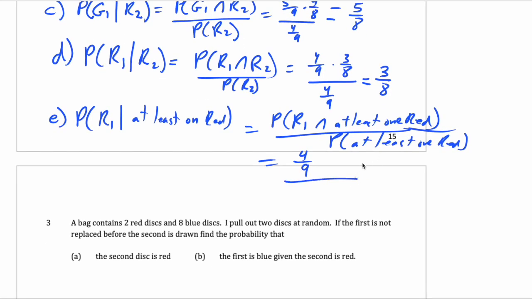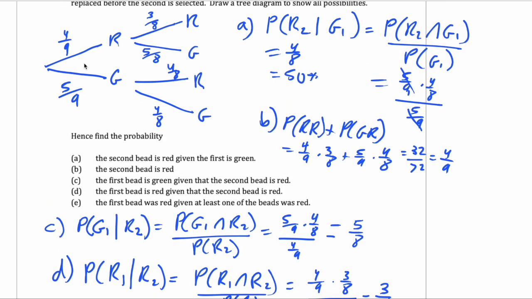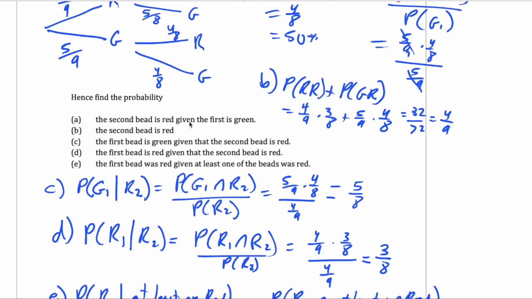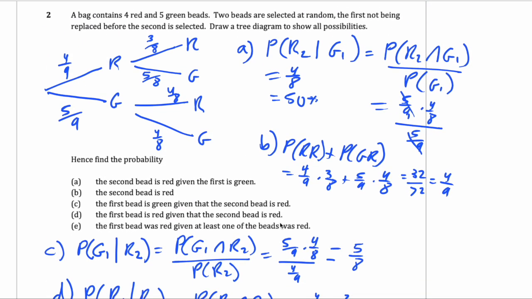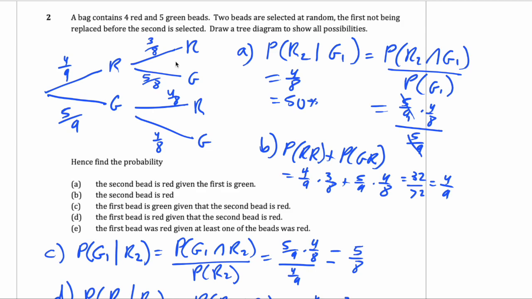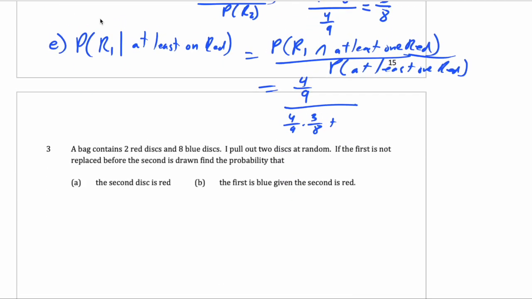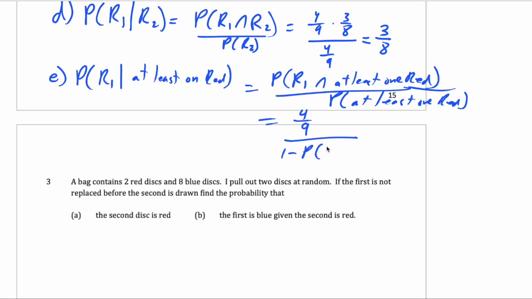And the denominator, the probability at least one red, do we have that one already? Nope. At least one red is 4/9 times 3/8 plus, well, actually this is probably easiest to do, 1 minus the probability both green.